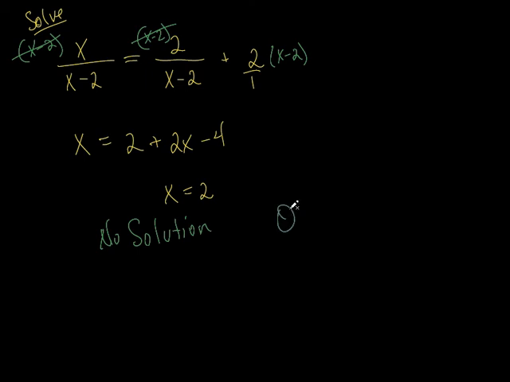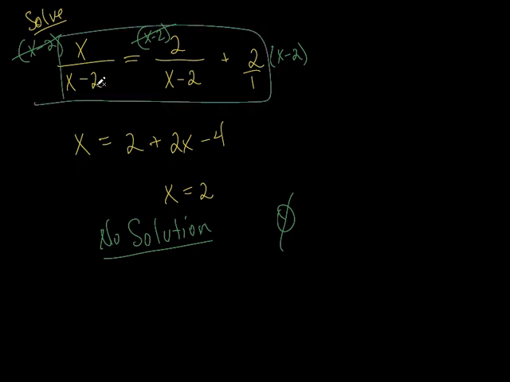Or some people say the null set. Depends on what you want to say. I like saying no solution. That seems better to me. So you have to make sure that when you put it back in, it works out. That's what's important about a denominator, especially if you see a minus right there. So if I see x is equal to 2, in fact, even before I started this problem, looking at this, I'm like, x could probably be a lot of different numbers, but there's one number that it can't be.